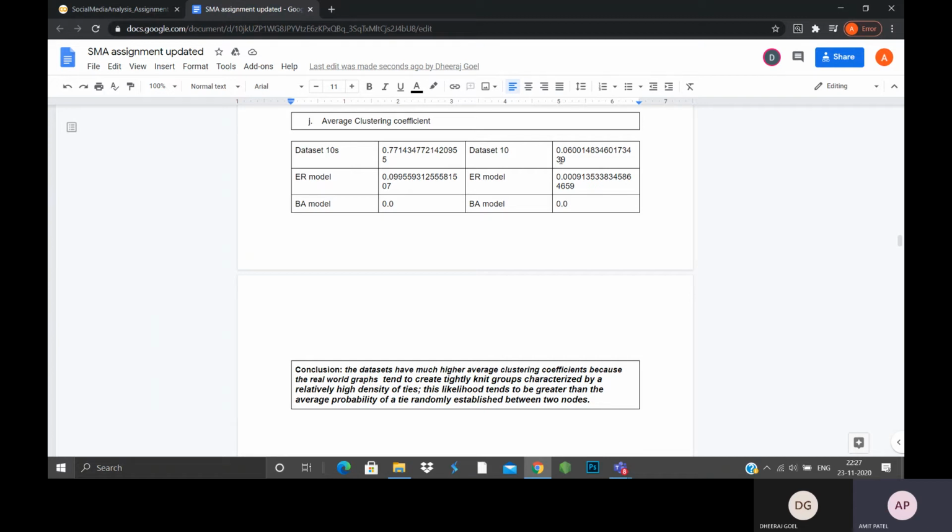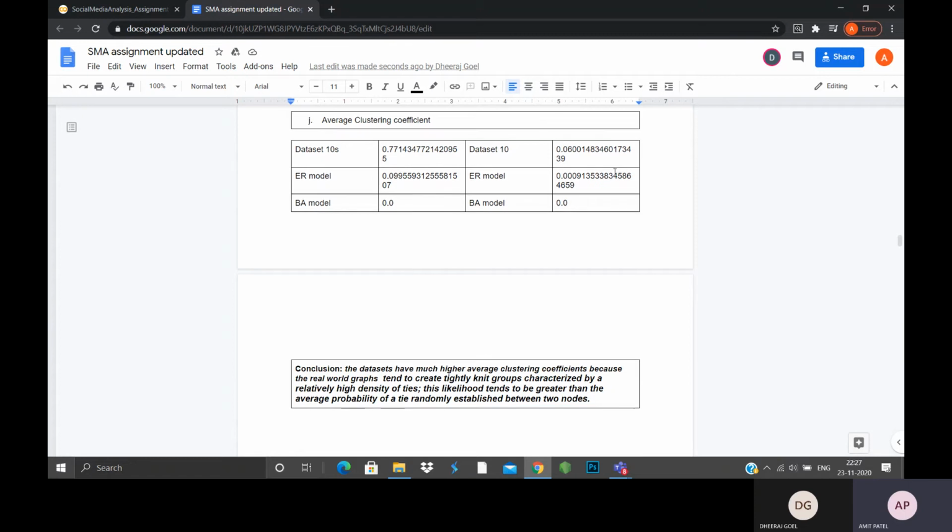So as you can see, the ER graph has very low average clustering coefficient, meaning it doesn't form clusters. The BA model does not form any cluster at all, but data set 10 has a relatively higher average clustering coefficient, which means that in our data set the clusters can be seen, right?